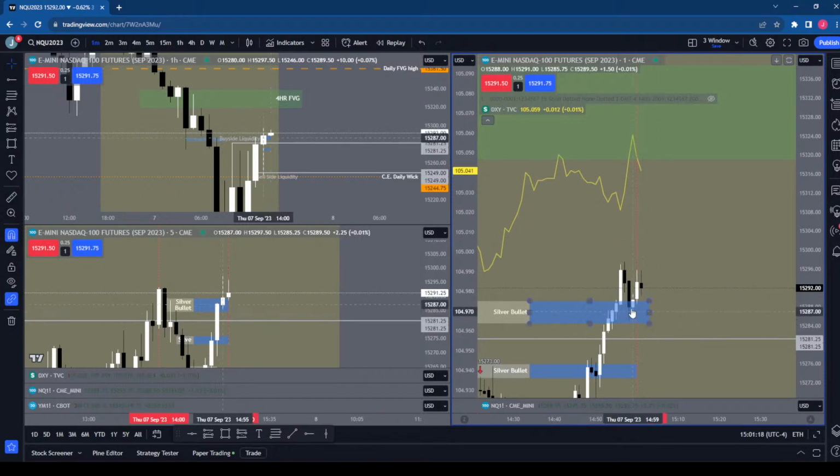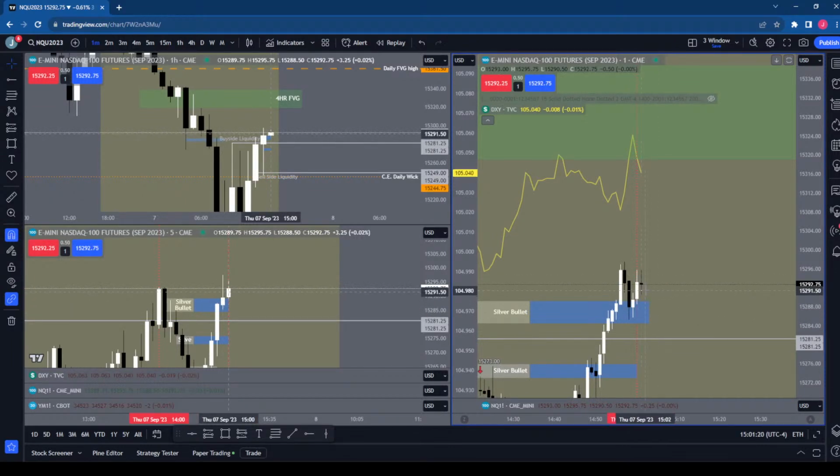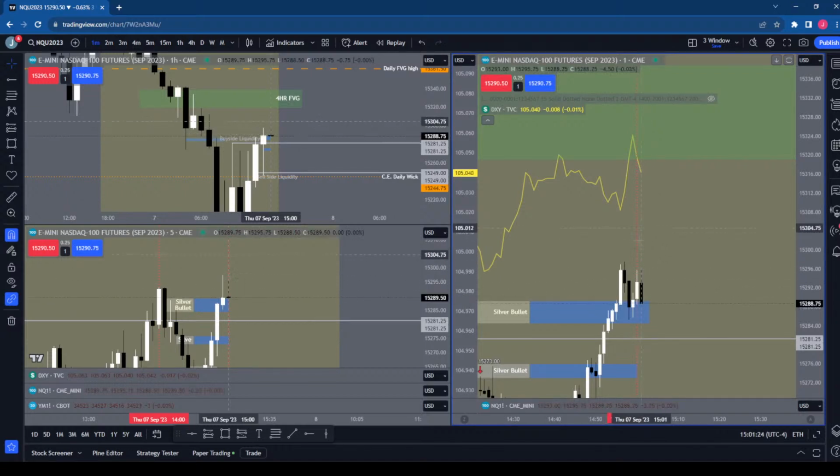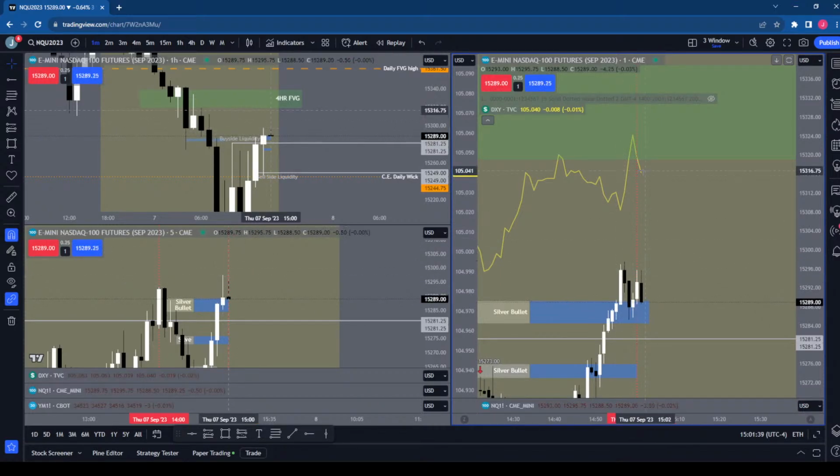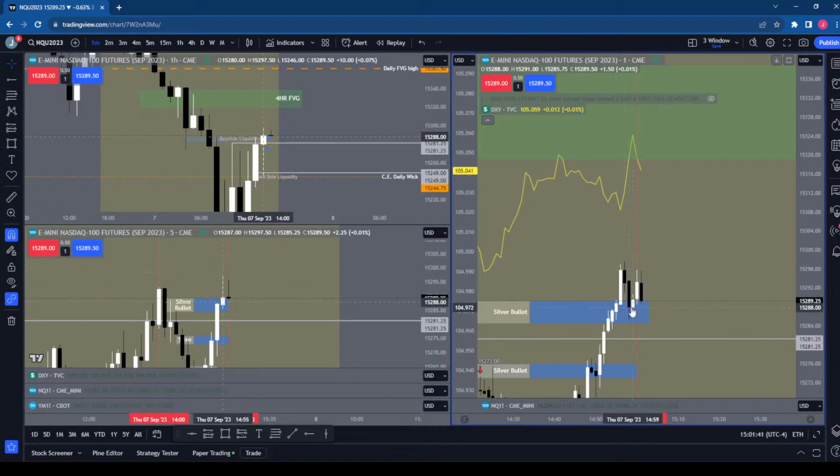If we were to show some big candles that take out this high, as well as the dollar dropping, if we were to come up above it, I would like to use this as a bullish order block.